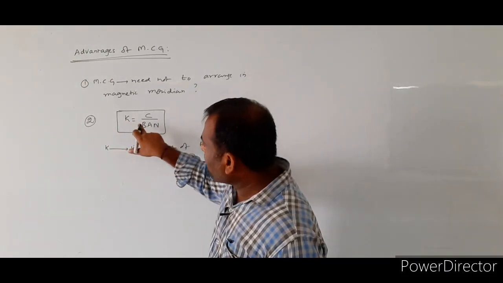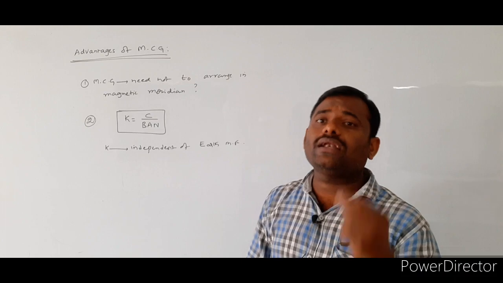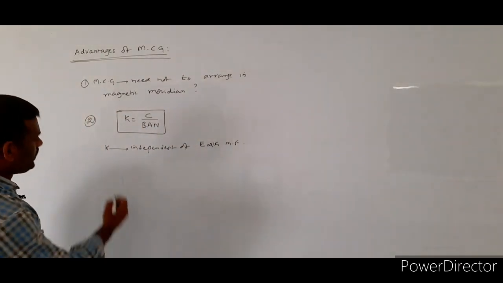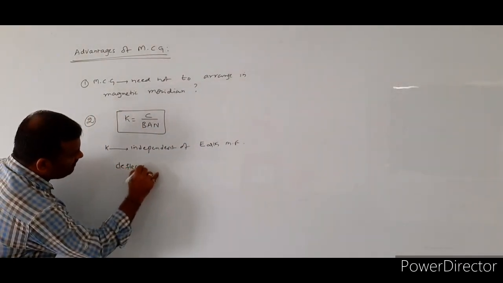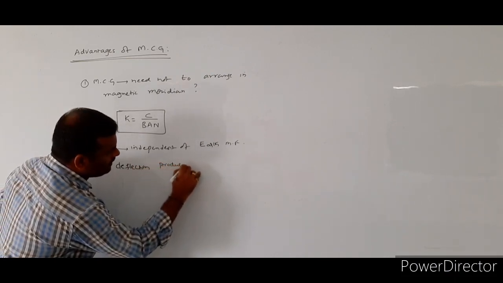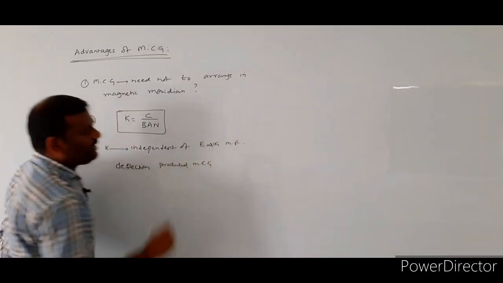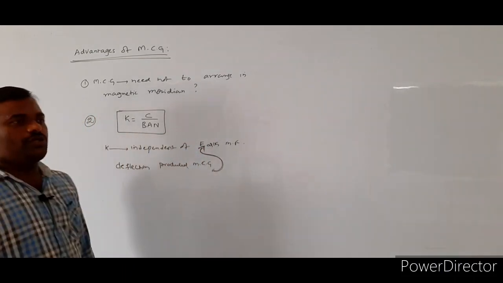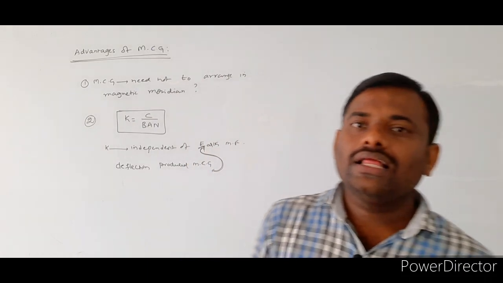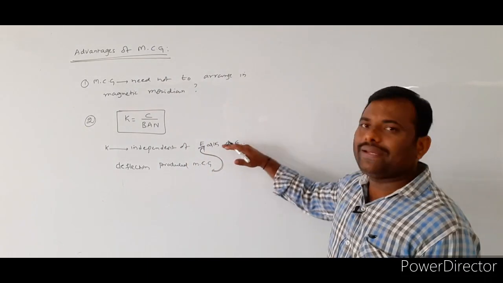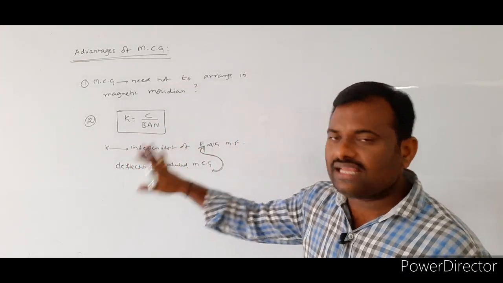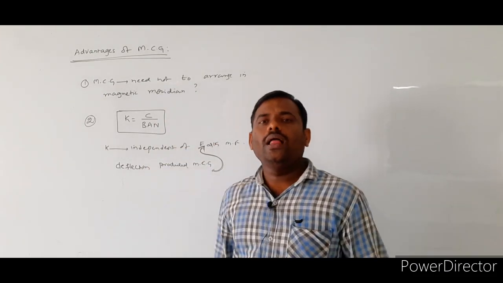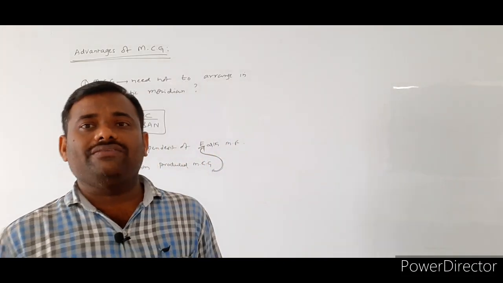It depends upon the magnetic field which is produced by the permanent magnet. So whatever deflection is produced in the moving coil galvanometer is also independent of the earth's magnetic field. K is independent of the earth's magnetic field, and the deflection produced in the moving coil galvanometer is also independent of the earth's magnetic field.